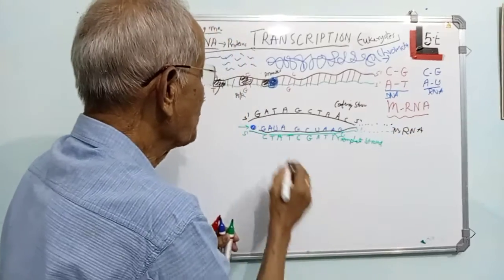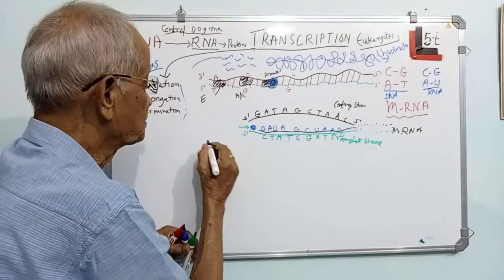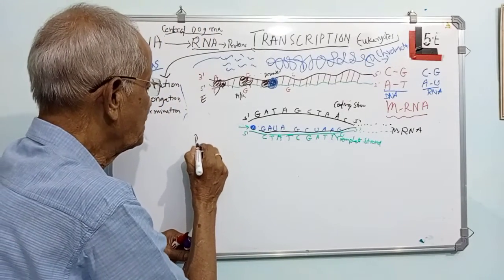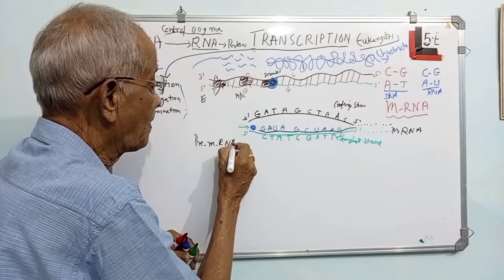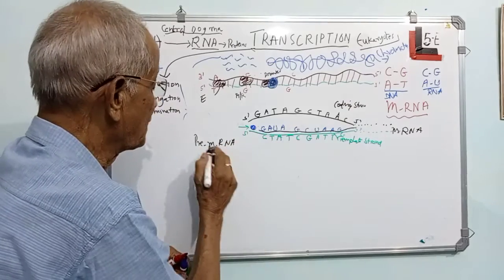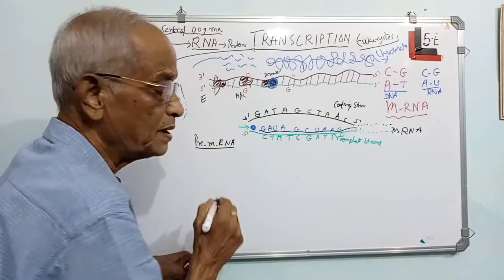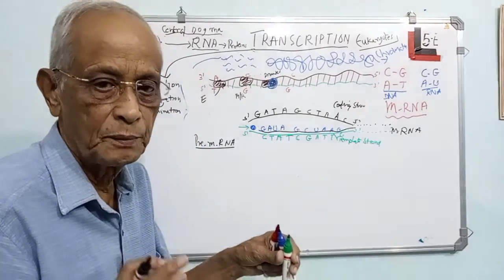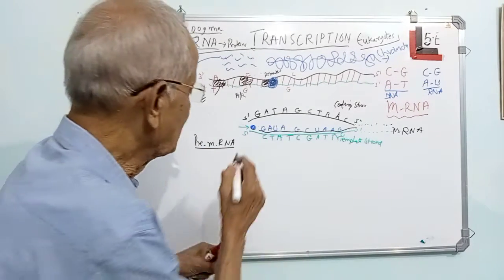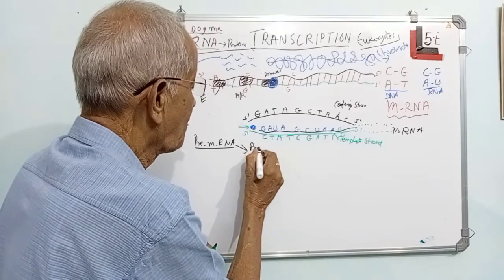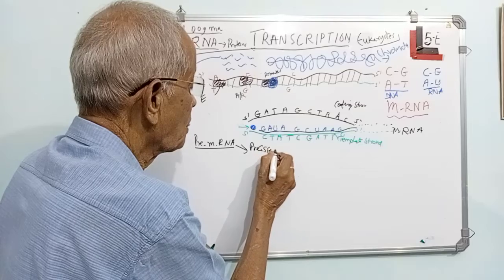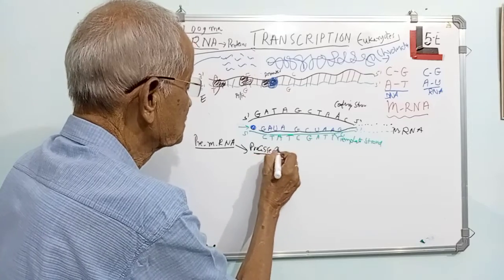This mRNA, which is formed here, is called pre-mRNA. So this pre-mRNA cannot be used for making the polypeptide chain. This has to be processed. Okay, that's what we just remembered.